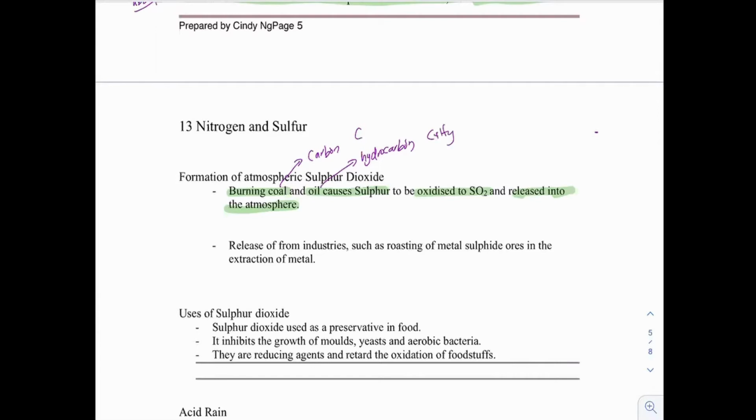Because that sulfur dioxide comes from combustion of sulfur plus O2 forming SO2. So sulfur here, can't see, right? Because sulfur is the contaminant in coal and oil, meaning the impurity in the coal and oil.